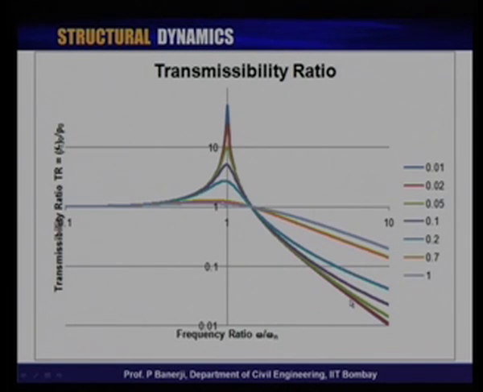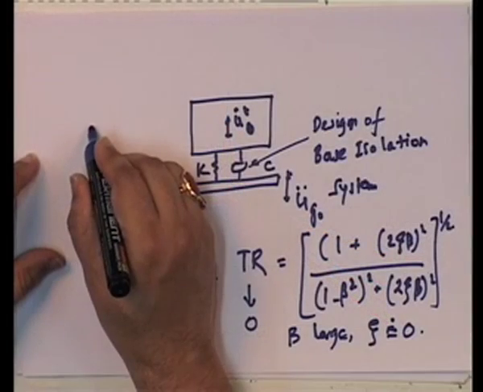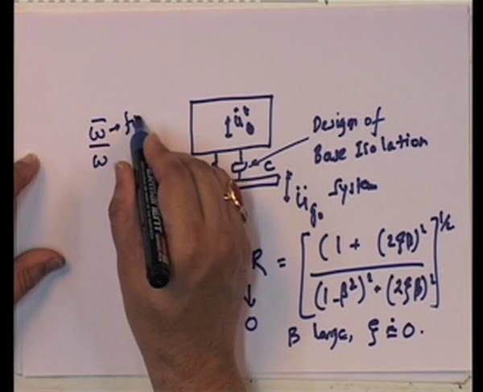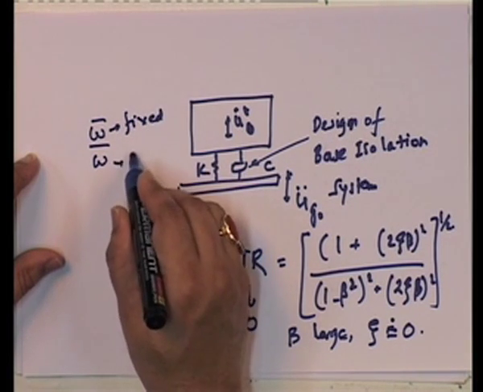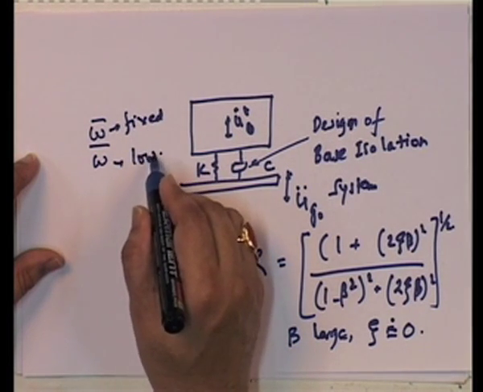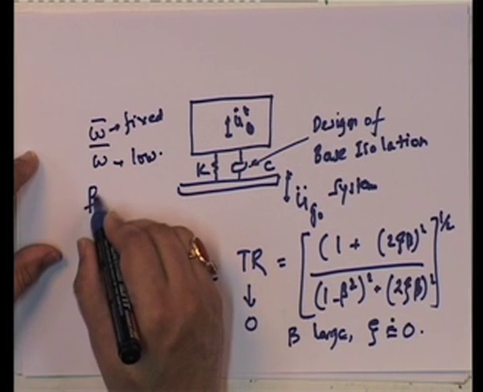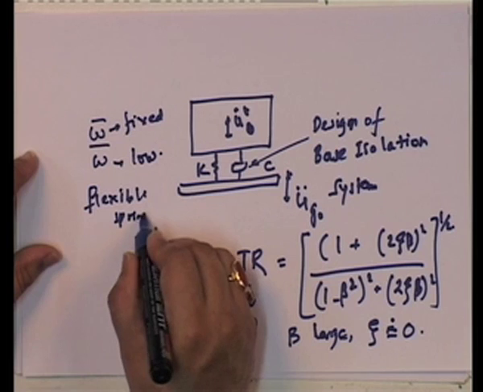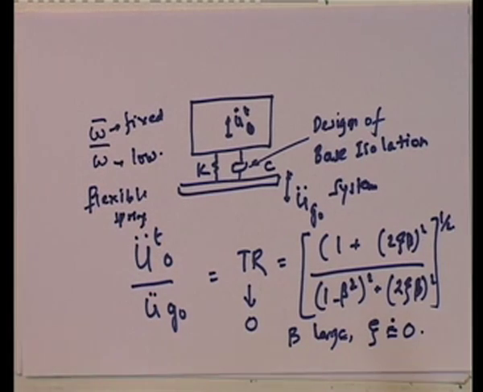So, therefore, again the same thing. And what does beta large imply? Let us look at the same problem. Omega bar is fixed. So, beta large means low omega. Low omega means flexible spring. You see, the force transmissibility problem and the base isolation problem are identical.